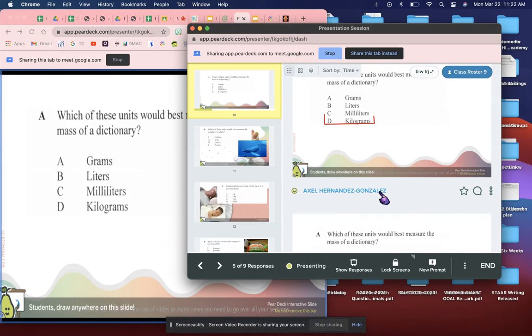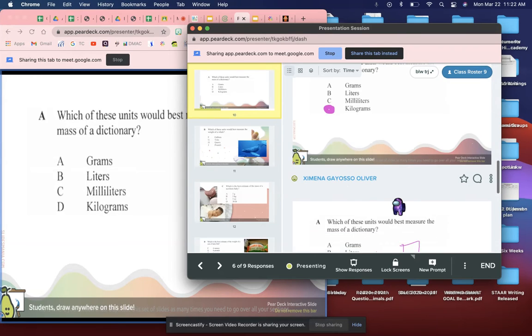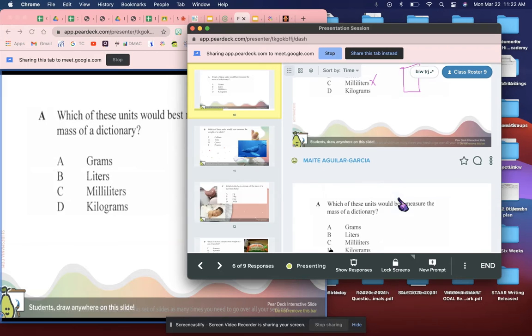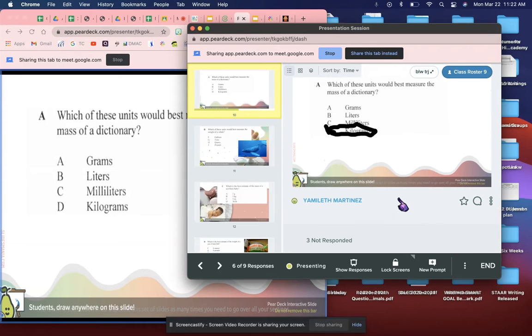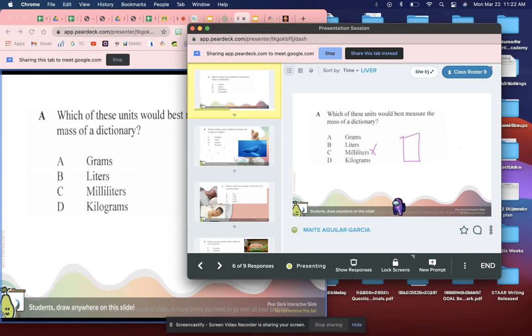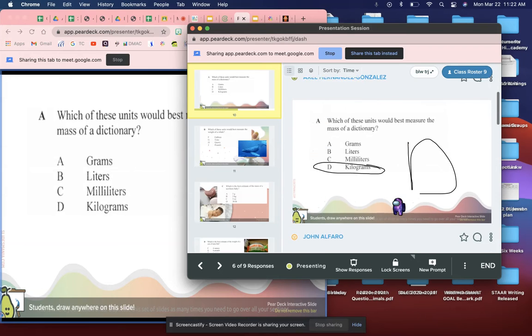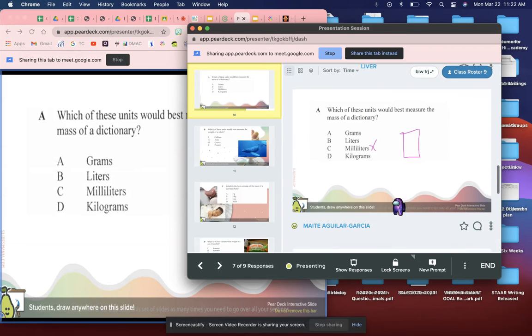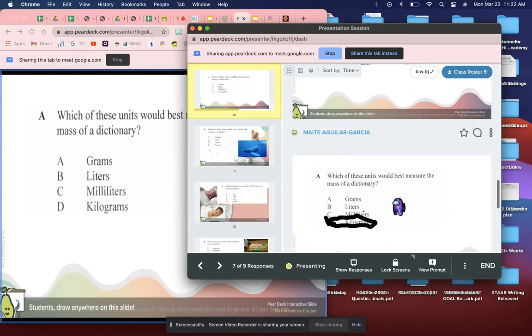Awesome, Hasmin. Yes. Oh my goodness, I'm going to cry. But I'm going to cry of emoción. Jamilet got it. Awesome, Jamilet. Raul got it. Woohoo! Yay! Braulio, you got it.